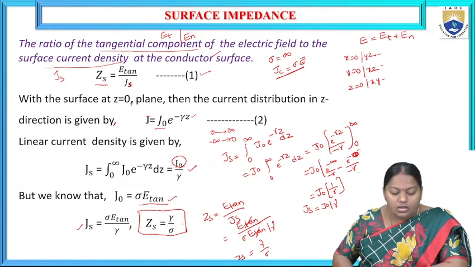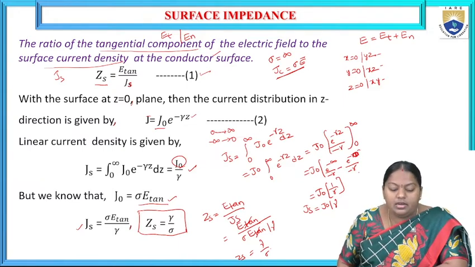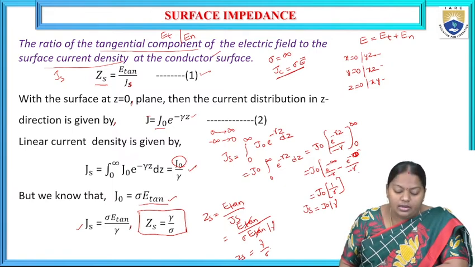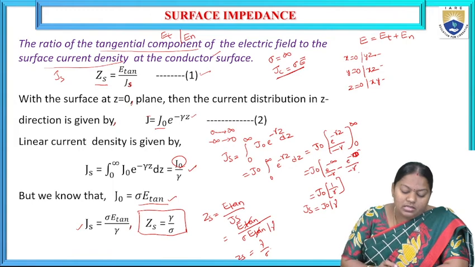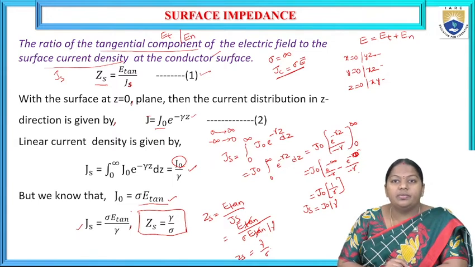That is, from the linear current density Js is J naught by gamma, and substituting J naught by sigma into E tan in the fundamental definition of surface impedance, Zs is given by gamma by sigma.